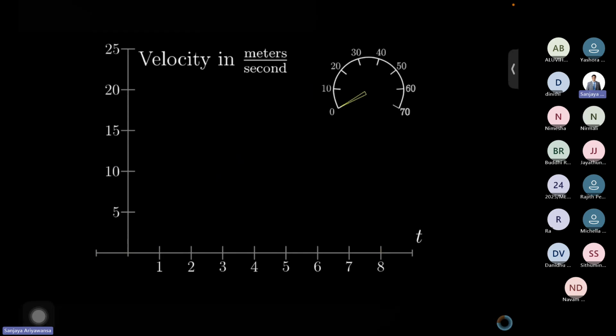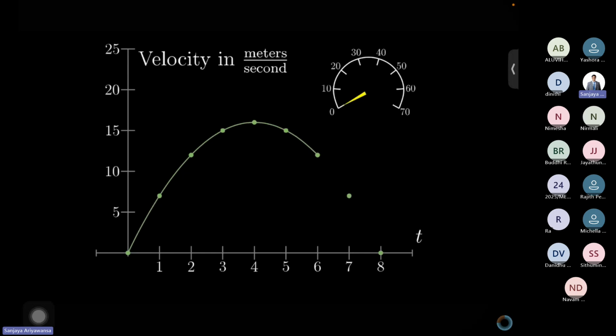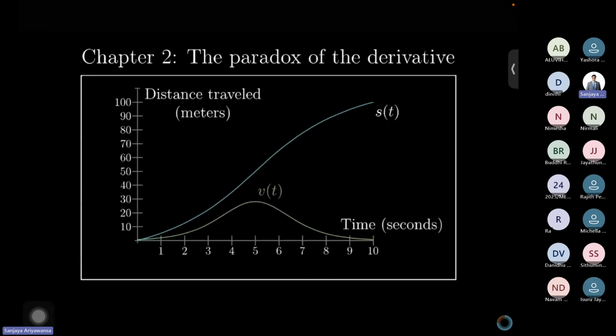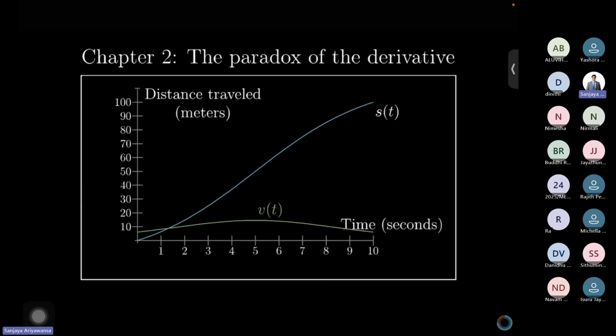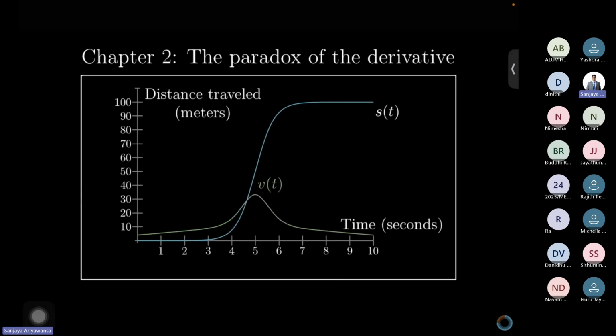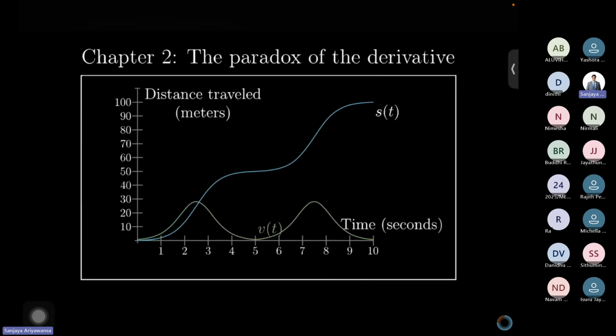Let's say that you take note of the velocity at every second, and you make a plot over time that looks something like this. And maybe you find that a nice function to model that velocity over time in meters per second is v of t equals t times 8 minus t. You might remember, in chapter 2 of the series, we were looking at the opposite situation, where you knew what a distance function was, s of t, and you wanted to figure out the velocity function from that.